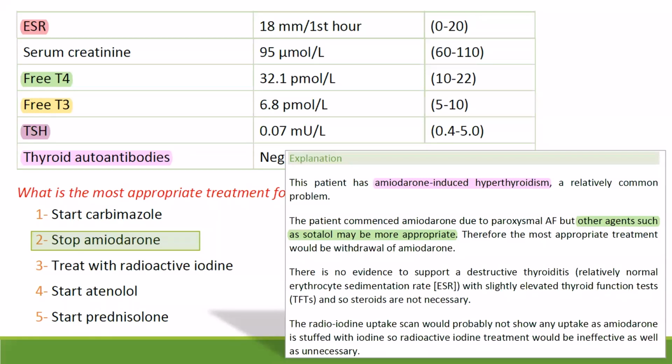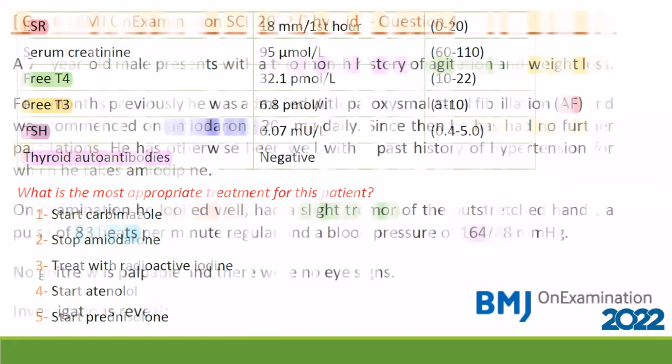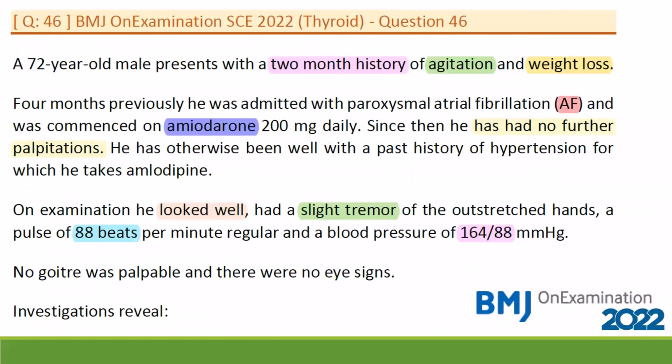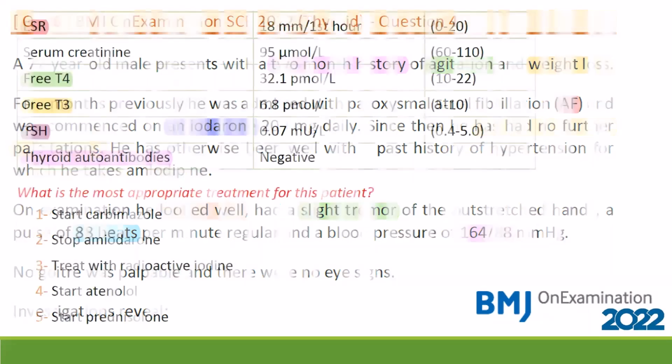In this situation, as the patient is clinically stable and the arrhythmia is not severe, just paroxysmal attacks of AF, which is not a life-threatening condition, we can stop amiodarone safely.